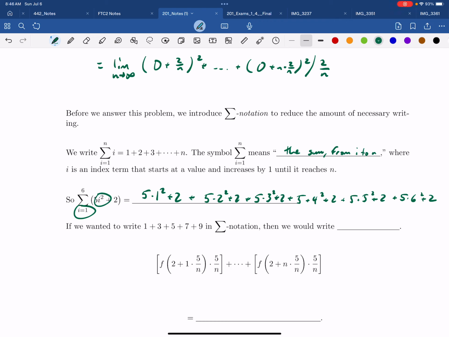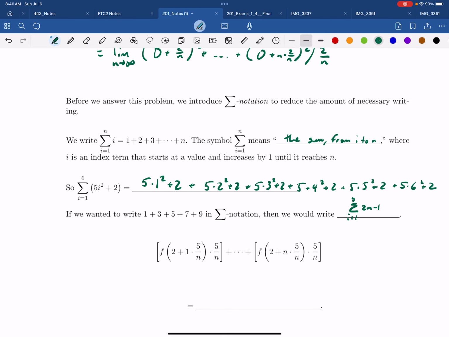It works both ways, right? If I'm trying to interpret what this means, this is what it means. But if I wanted to write something big and long like this, I could have done this. The sum from i equals 1 to n of 2n minus 1. Or sorry, the sum from 1 to 5 of 2i minus 1. Sorry about that.